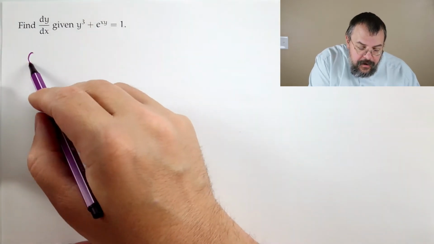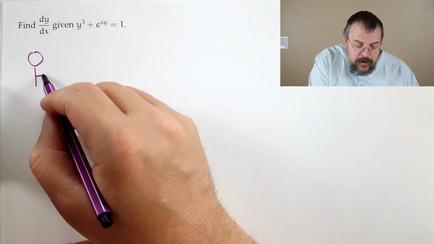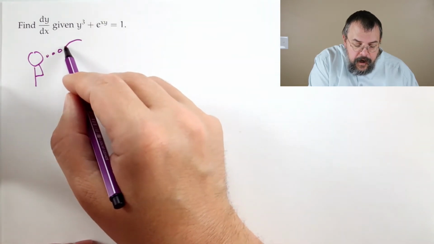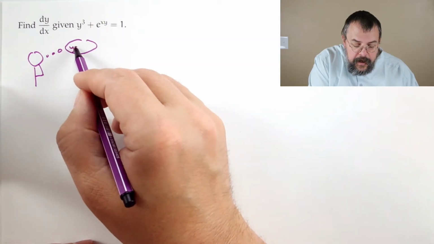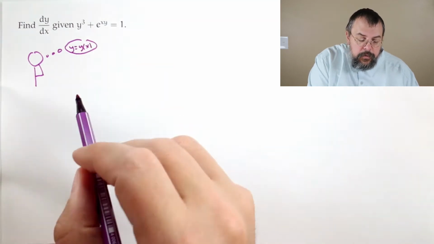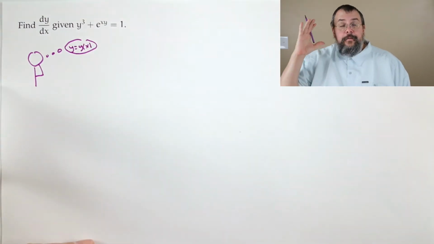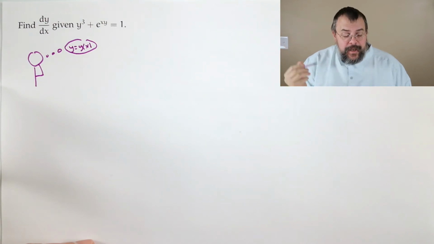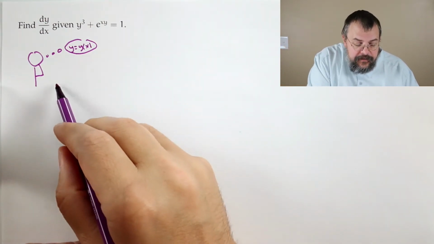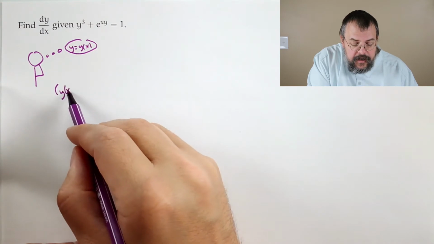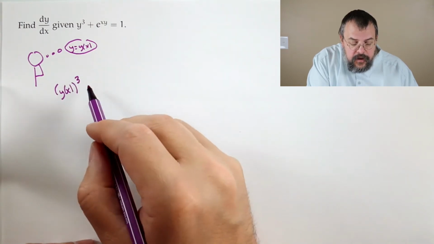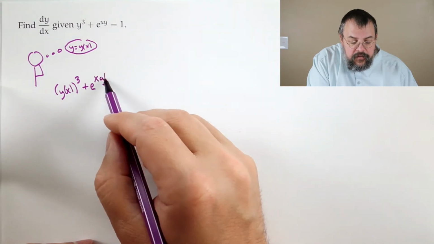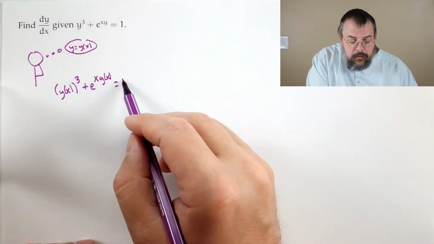Whenever we see these types of problems, I'm going to think of y as a function of x, which means that, and again, we don't write this down explicitly every time, but in our mind we're thinking of it. What we really have here is y of x cubed plus e to the power x times y of x equals 1.